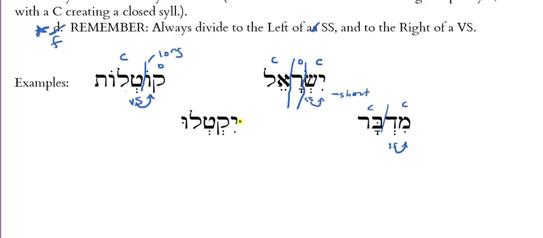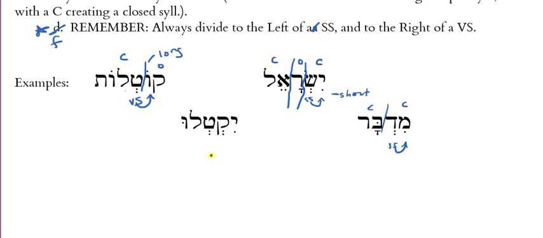I have a yod with a kirik, consonant, vowel, and then the next consonant has a shiva under it. So I've got to decide, is this silent or vocal shiva? Now if I take a step back, I see that I have two shivas in the middle of the word, and this is the easiest thing to figure out, right?